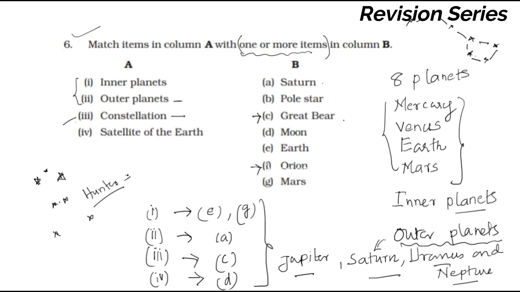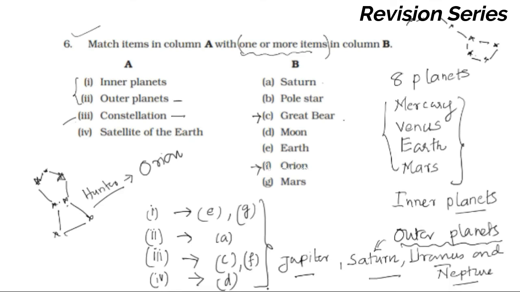This Hunter constellation is actually the Orion constellation which appeared like a hunter, right? So therefore our third option has one more answer, that is F. Now the fourth one is satellite of Earth. We all know what is the satellite of Earth, D. So this is how you have to answer these multiple choice questions, right?